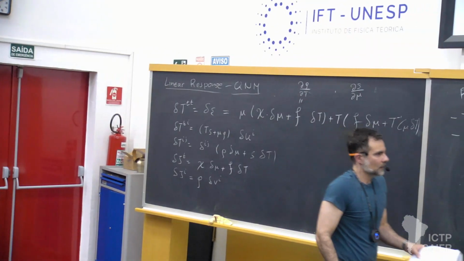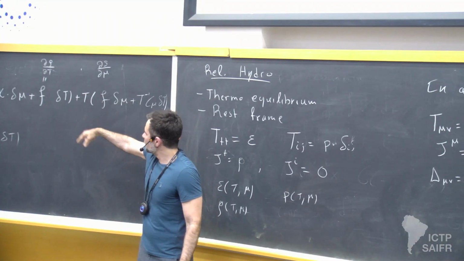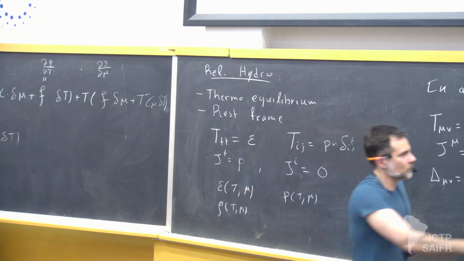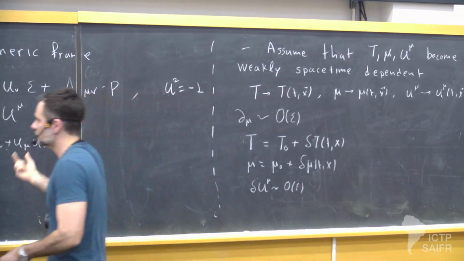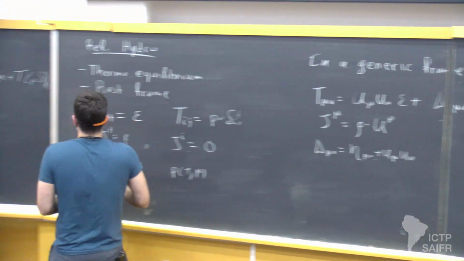Now you can plug this expansion of components into those equations, and that will give you a system of equations for delta T, delta mu, and delta v^i.